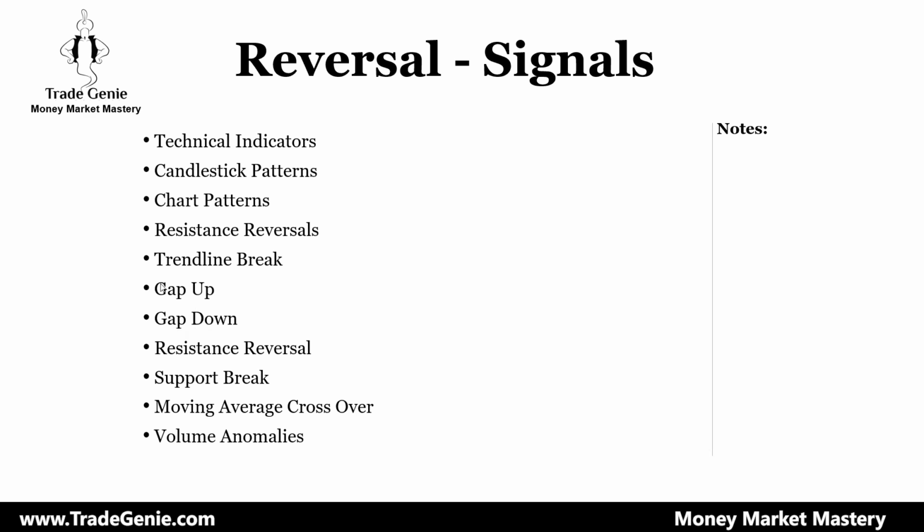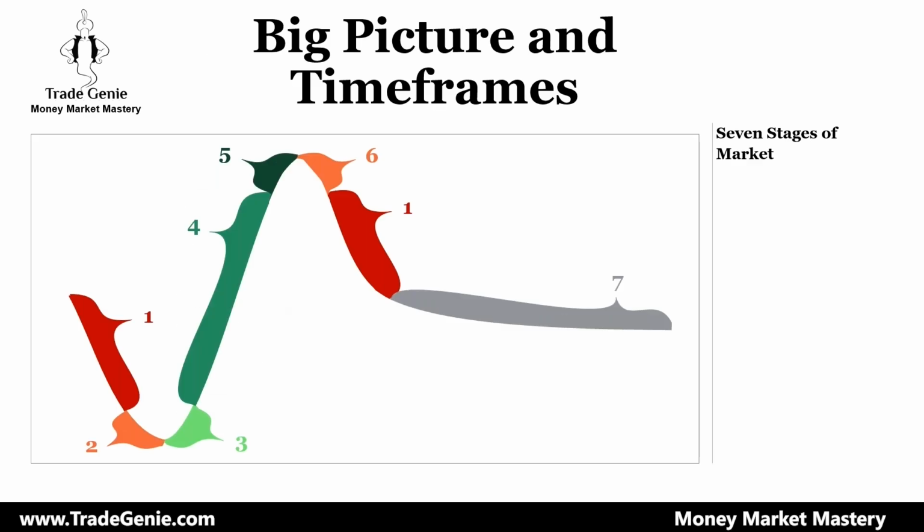So look at the Roku daily chart. On top, I think Roku did 5 and 6, and now it's gapped down. So it could be the beginning of stage 1 once again for Roku. For me, Apple is doing 5 and 6 right now.